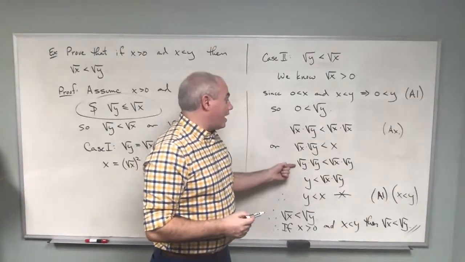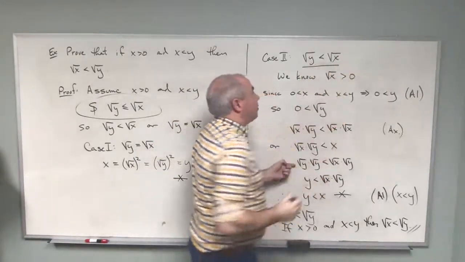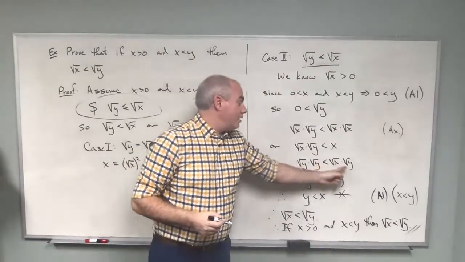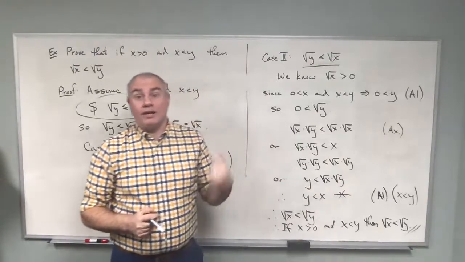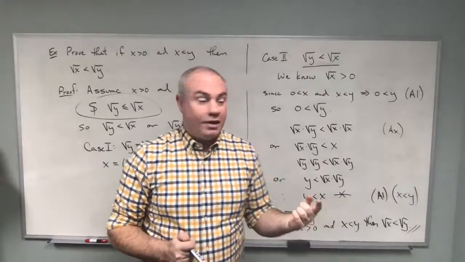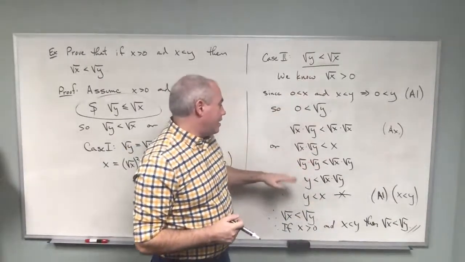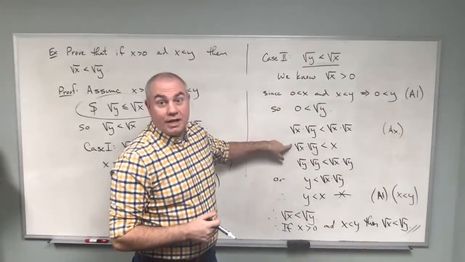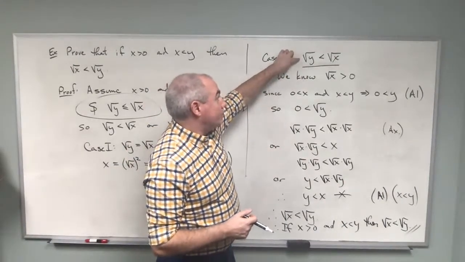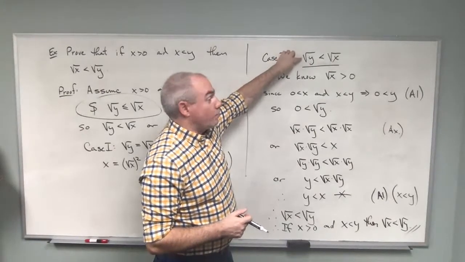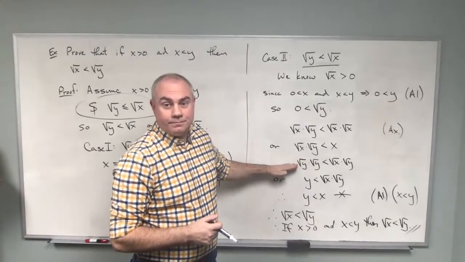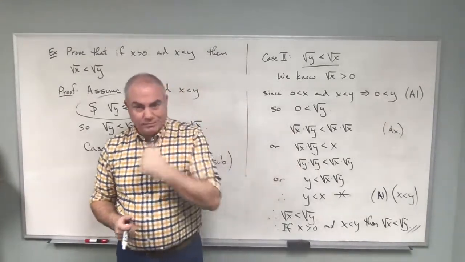To go to here, I took this inequality again and multiplied it on both sides by the square root of y. I knew I could do that because the square root of y is positive. So this line doesn't follow from the previous line. It's independent: I look at this, multiply both sides by the square root of y, and that gives me that line. Does that make sense? Hopefully so. Okay.